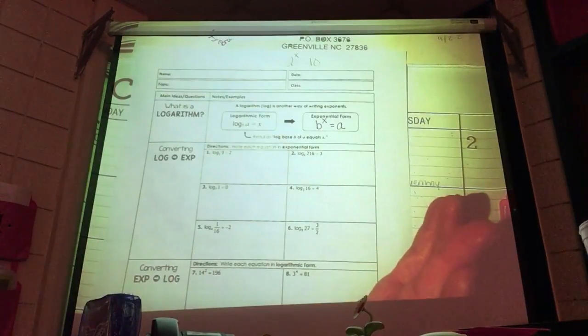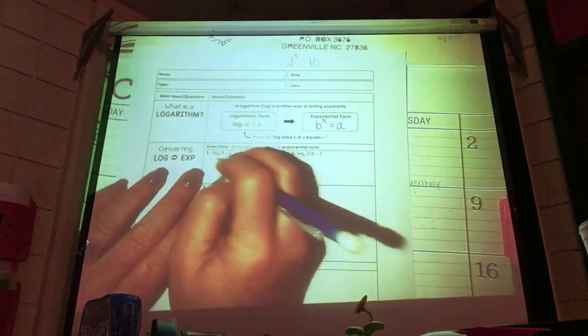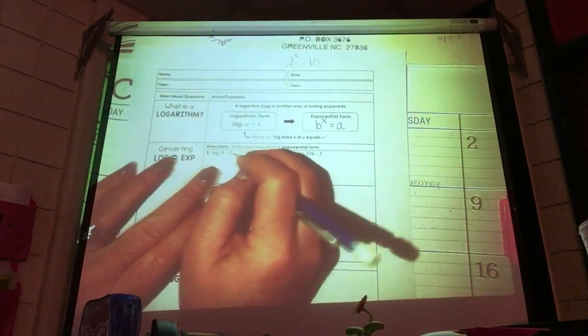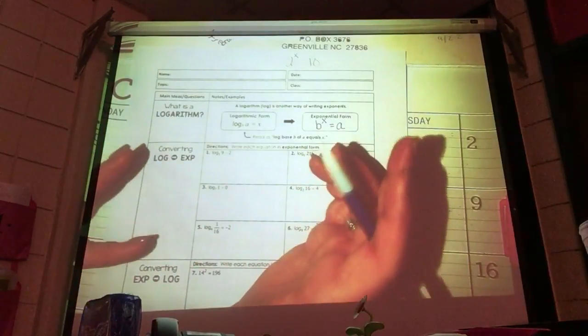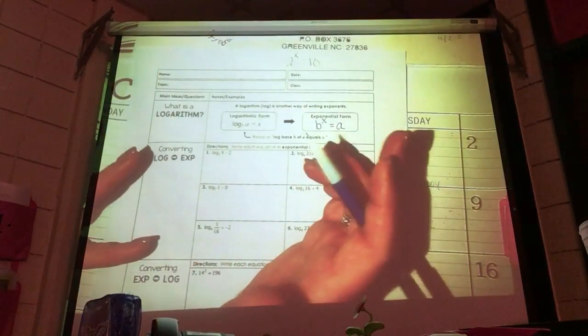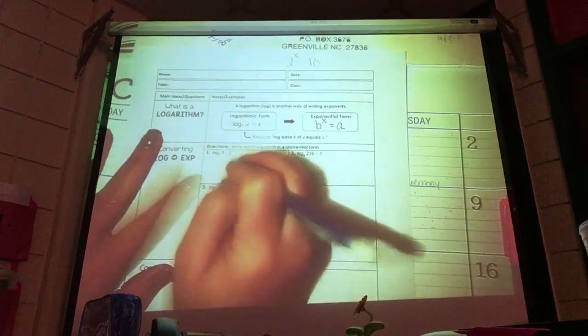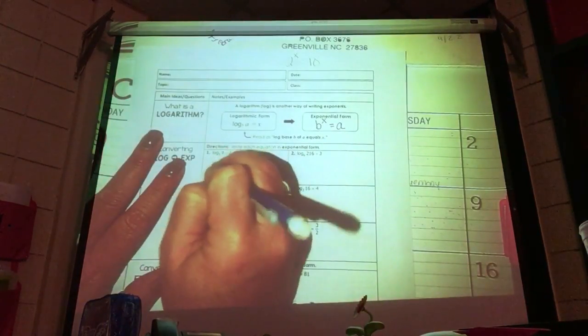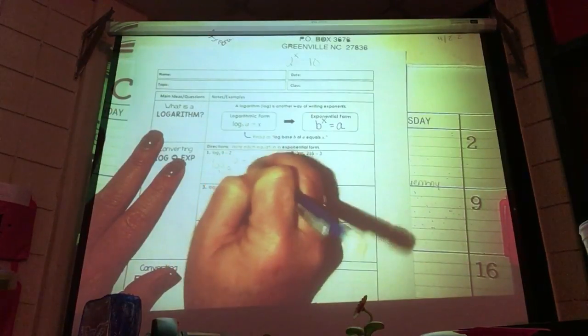Now, remember I can't draw. If I have log base 3 of 9 is equal to 2, a way of remembering how to do this, and it's going to help when we start solving equations, I'm going to rewrite it right here.